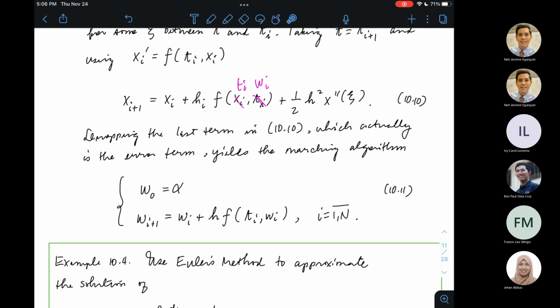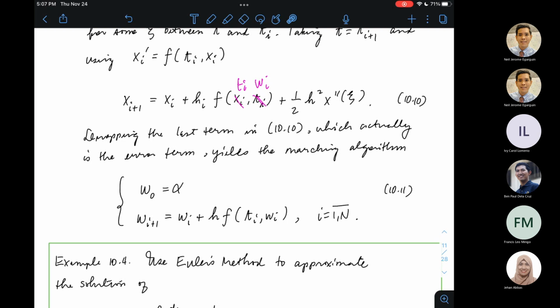Basta meron kayong t sub i na nakita, yun yung independent variable. If you see a w or an x, that's the dependent variable. Alright? So, minsan napapagpalit ko kasi kung sino yung inuuna ko. Minsan inuuna ko si t, minsan inuuna ko si x, or minsan inuuna ko si w. Pero our understanding, t is the independent variable, w and x represent the dependent variable.